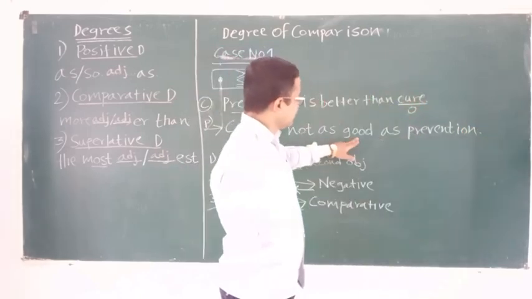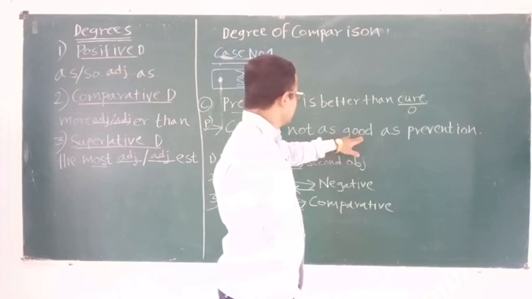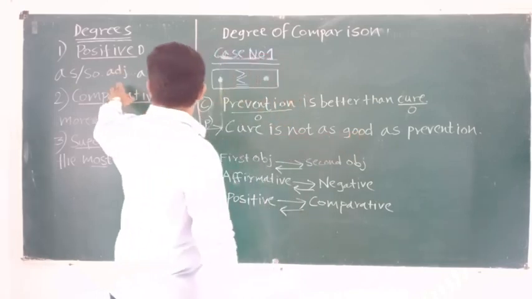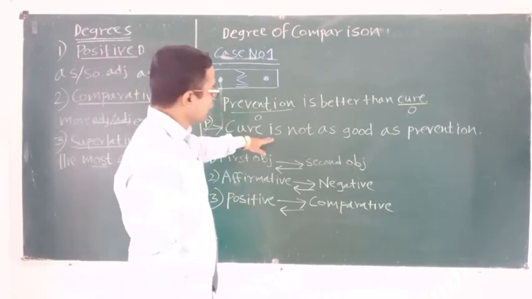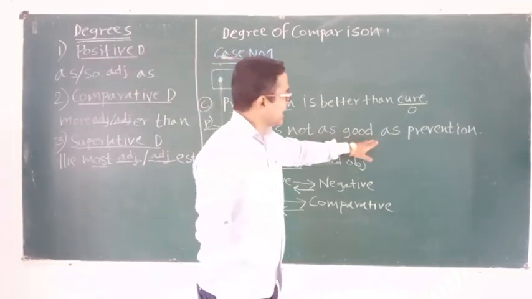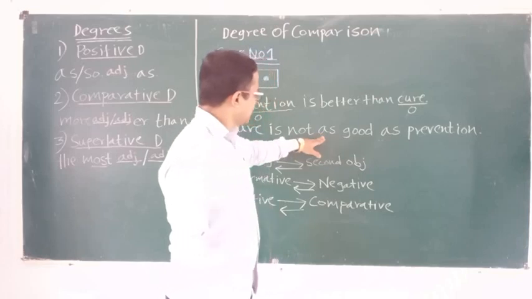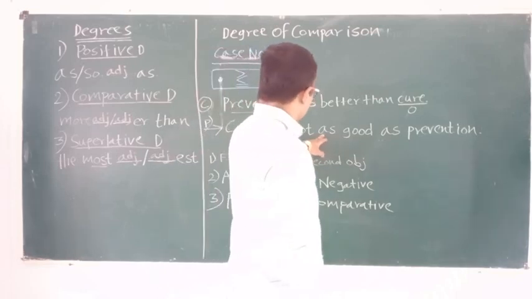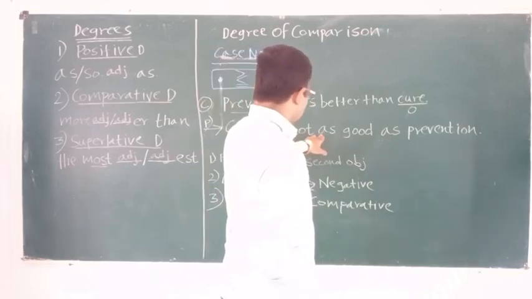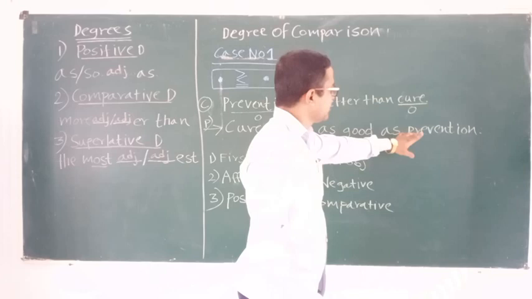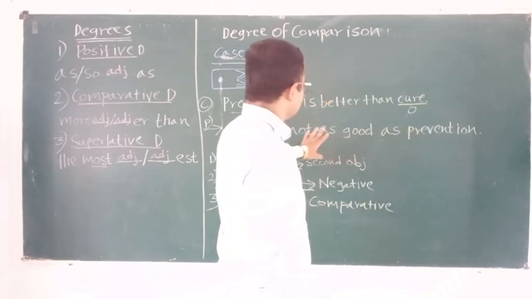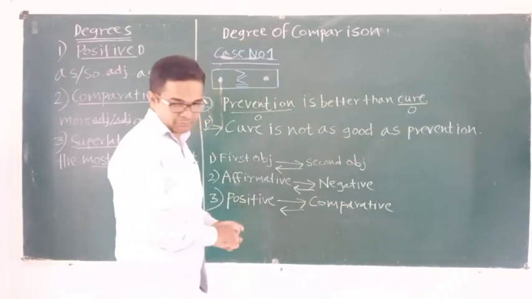So here we have used the first form of the adjective for positive degree. Cure is not as good as prevention. If here I write so, cure is not so good as prevention, then also it is correct.